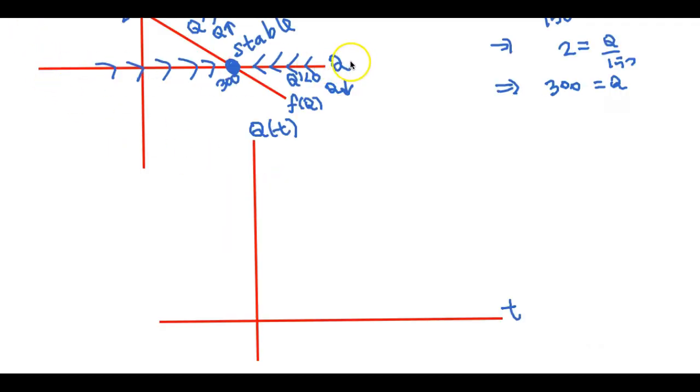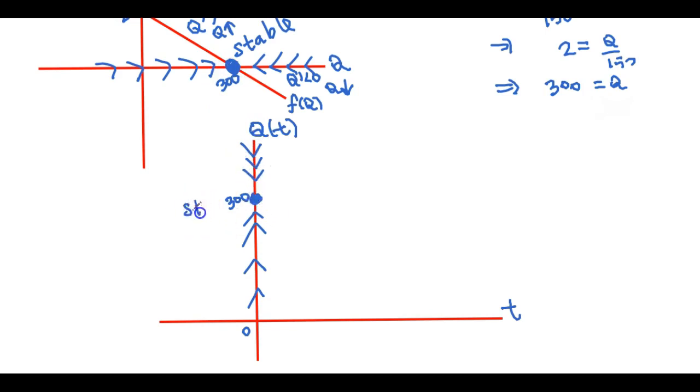So now I would like to translate that information in the horizontal axis into this plane where Q of t appears in the vertical axis and the independent variable t appears on the horizontal axis. There is an equilibrium point which is positive. In this case it is 300. Okay, so this would be 0 on the vertical axis, and these arrows are pointing as follows. For things that are between 0 and 300, they are pointing towards 300, and if we go above 300, then they're pointing towards it, right?